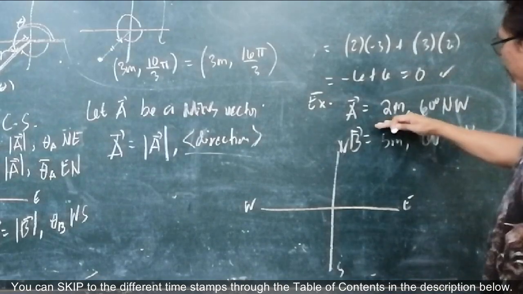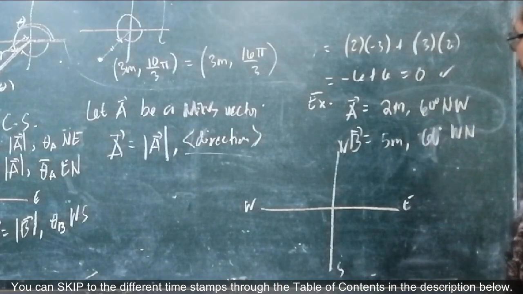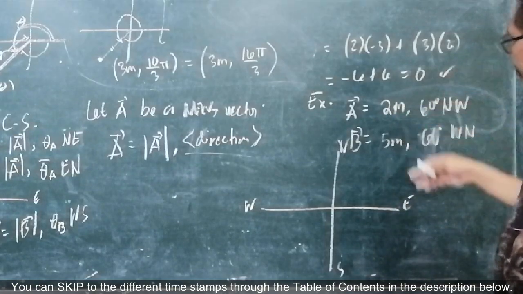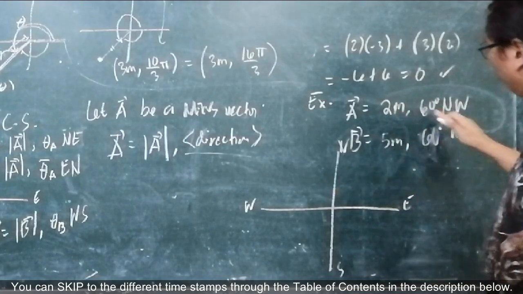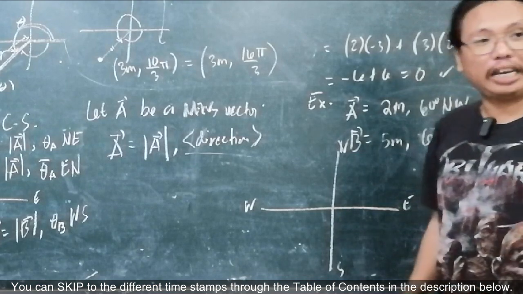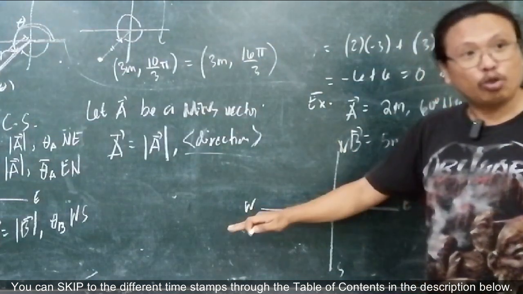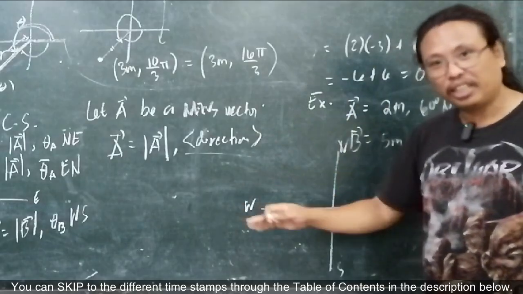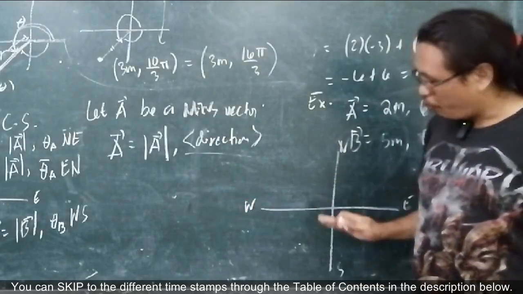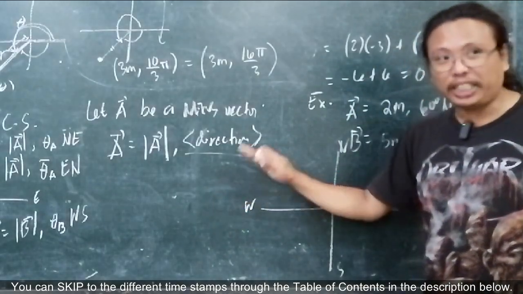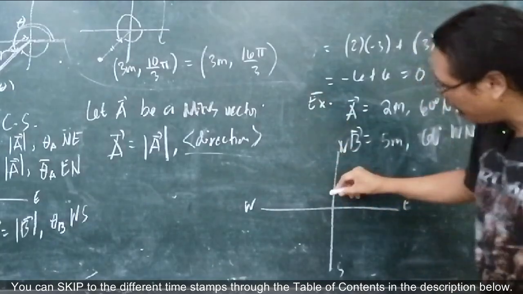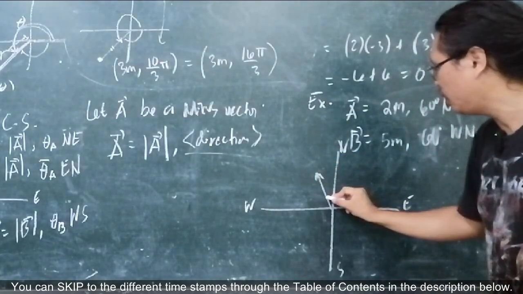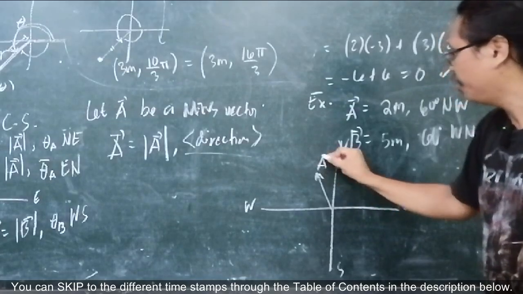Here, 2 meters, 60 degrees north of west. Meaning, the rotation is from west to north, right? That's north of west, northwest. So, from west, you point your direction and rotate by 60 degrees, and walk by 2 meters. So this is now vector A here.